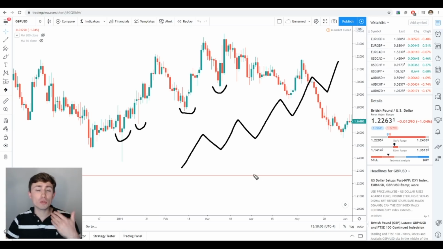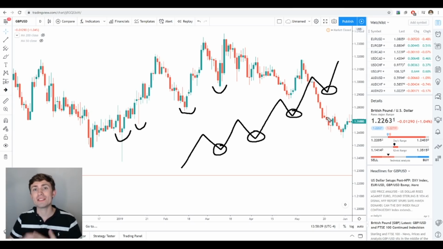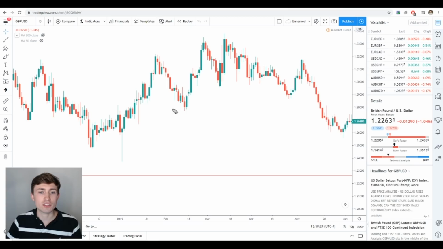Each time it moves up another wave, the pullback is slightly higher than the previous one. What is that showing? That's showing demand. That's showing buyers are more and more willing to step in and buy this market as the price is going up, because there's so much demand for the underlying currency pair. So we have on GBP USD a nice little uptrend starting to form.